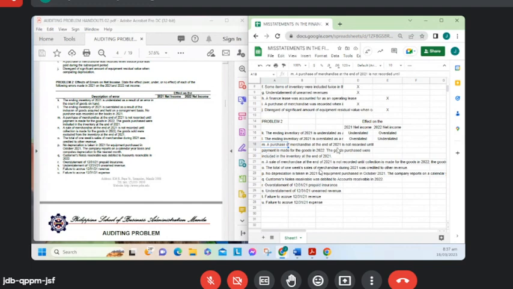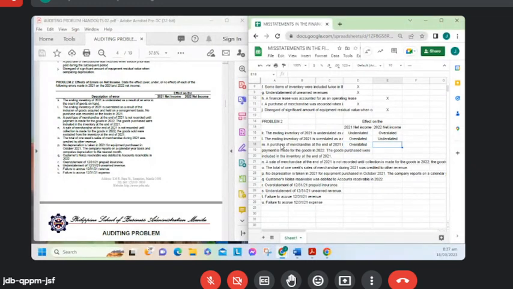So, an understatement in purchases will result to an understatement in cost of sales. And then that understatement in cost of sales will result to an overstatement in net income.